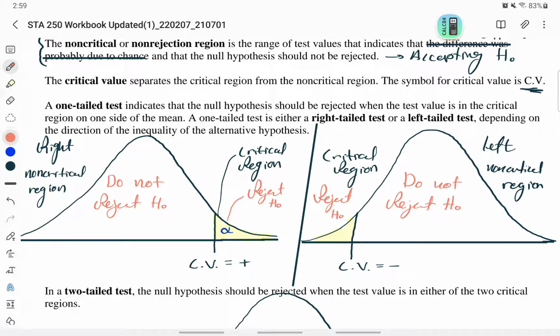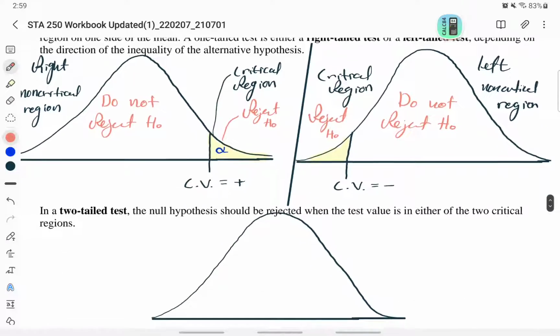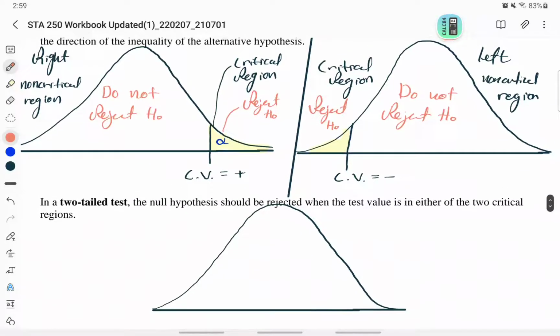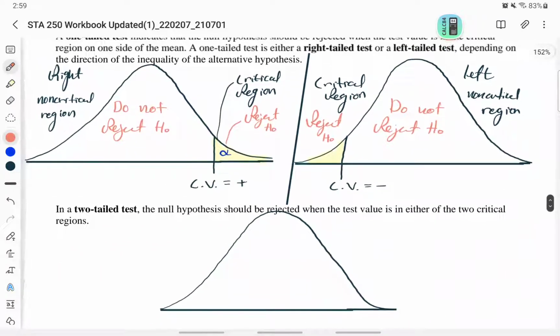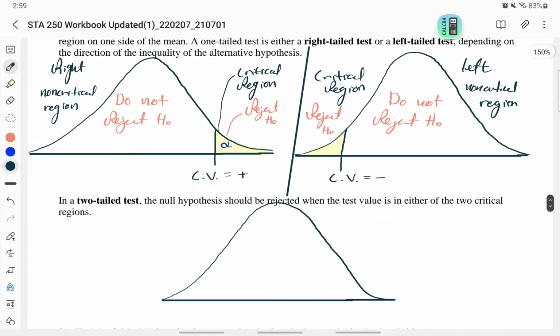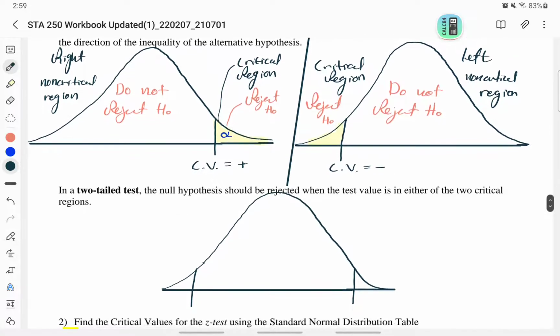Okay. And then we have what is called the two-tail test. Let's zoom out a little bit. For the two-tail test, you have a tail on each side, a tail on the left side and a tail on the right side. So that means you have two critical values. One is negative and the other critical value is positive.